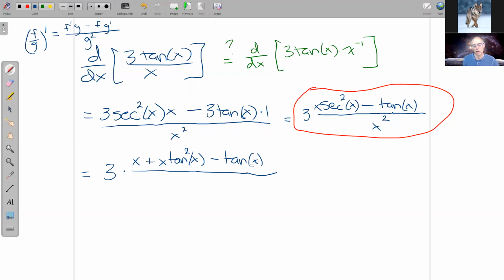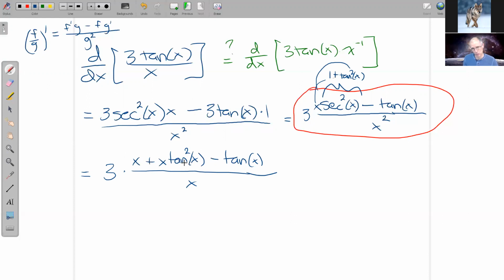And often with trig identities, you use more ink at first before you use less. And what did I just do right there? Oh yeah, because I'm replacing secant squared with 1 plus tangent squared. So we have to distribute that x through to both parts there. So there's the 1x and the x tangent squared.